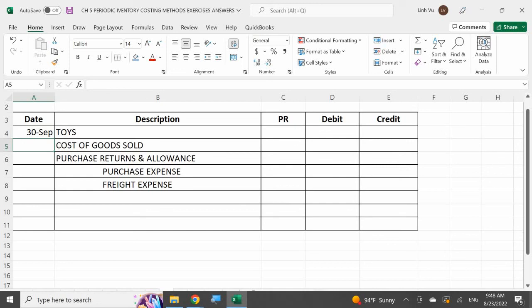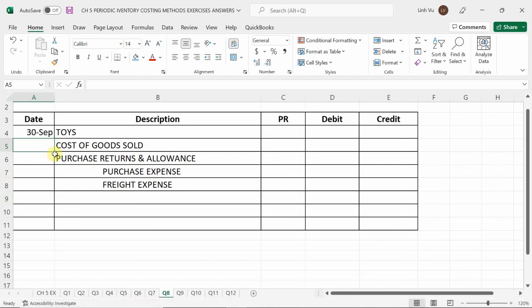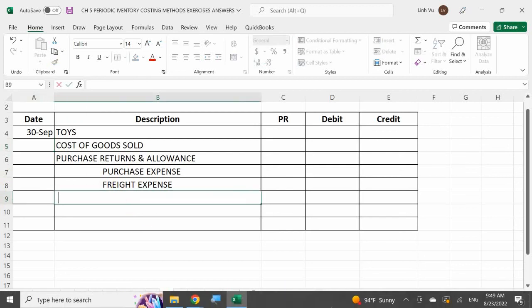We got the purchase returns and allowances. We already have that there. Okay. What else am I missing anything? Oh, the beginning inventory. Excellent. So therefore, it's going to be a credit always. Beginning inventory is always going to be credited, okay?